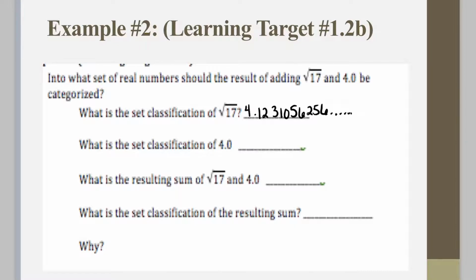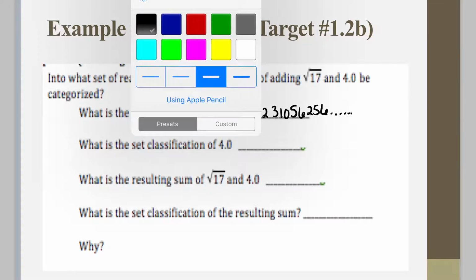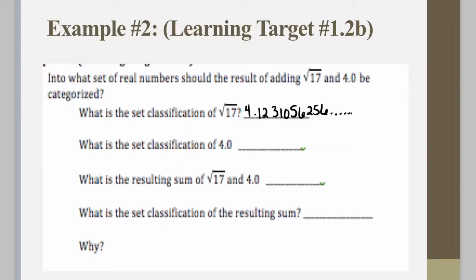So it does not repeat and it does not terminate. That leads us to an irrational number, which in decimal form does not terminate and does not repeat. And so we can conclude that the set classification for the square root of 17 is irrational.